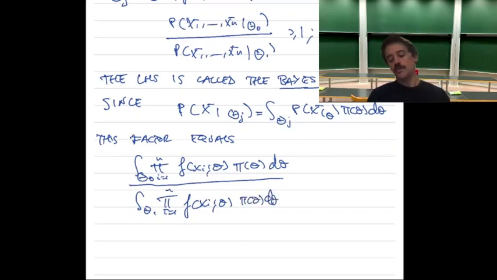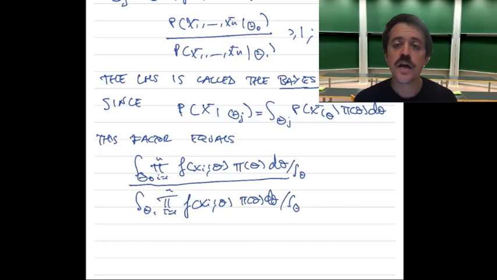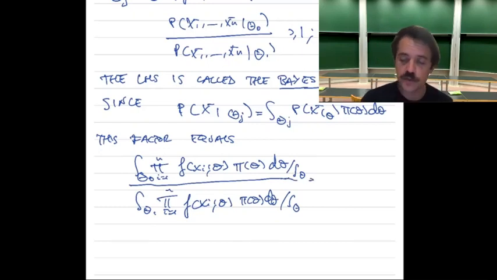we realize that if we divide both the numerator and the denominator by the same quantities, as in by the integrals, but defined on the whole parameter space rather than just restricted to these, then what we get is simply the posterior distributions, right? Or the ratio of the posterior distributions.